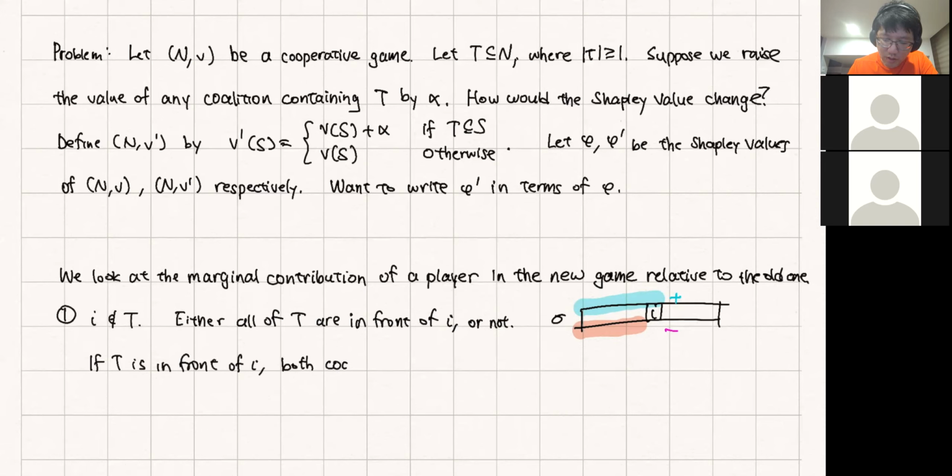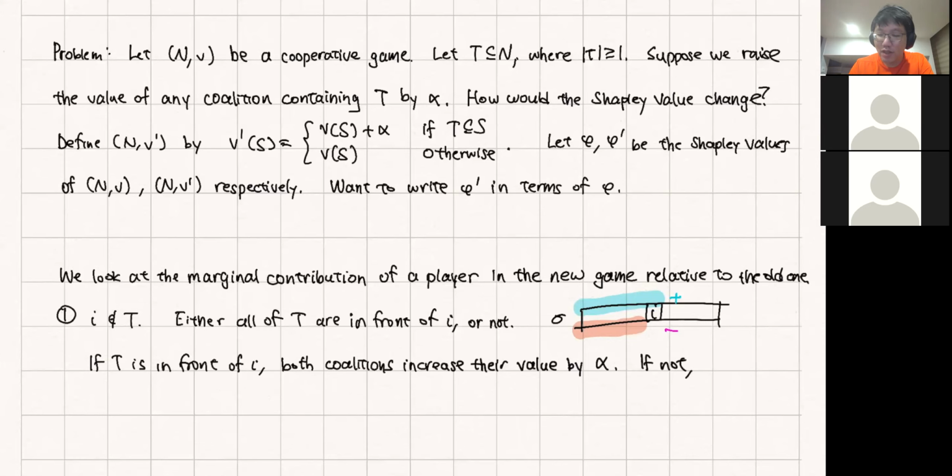So if T is in front of i, both coalitions increase by alpha because they do contain T. If all of T is in front of i, then both of these values will increase by alpha. So the difference, the marginal contribution, is the same as before.